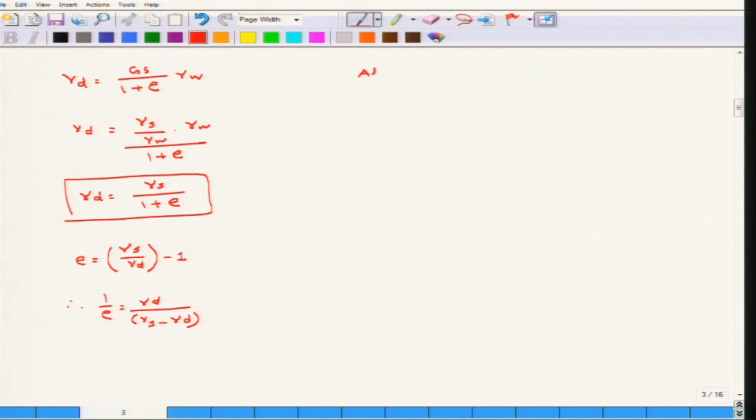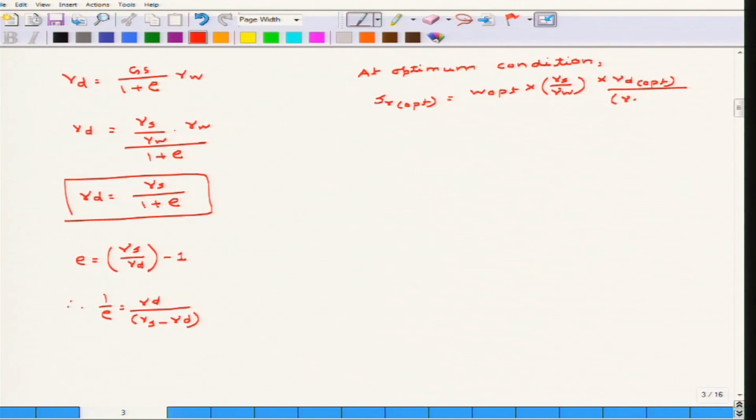So at optimum condition we are asked to find out what the degree of saturation is. So at optimum condition, SR optimum is equal to W optimum into gamma S by gamma W into gamma D optimum by gamma S minus gamma D optimum.